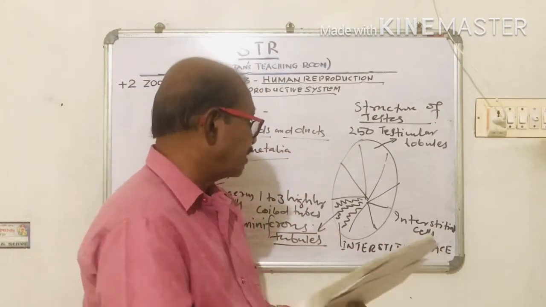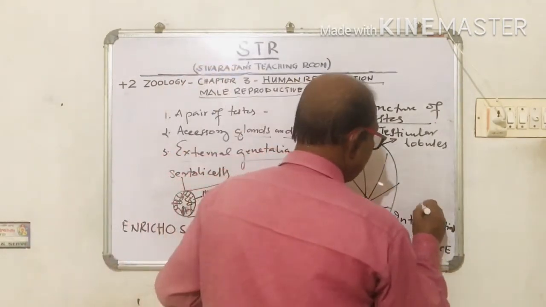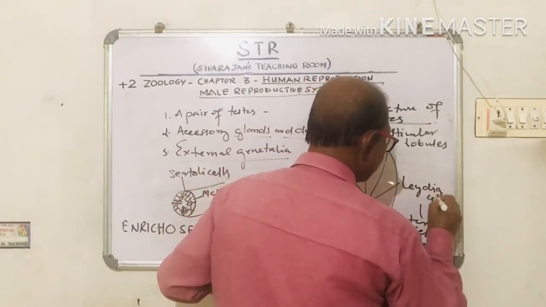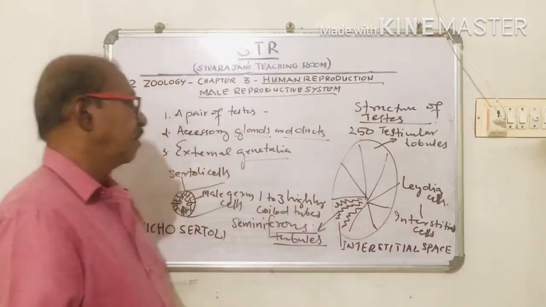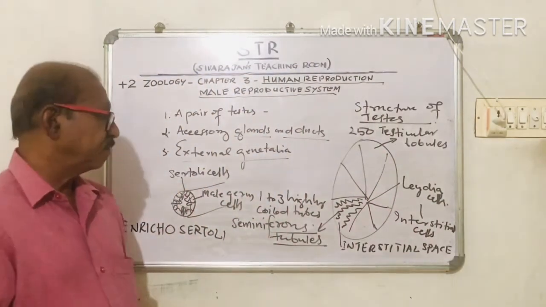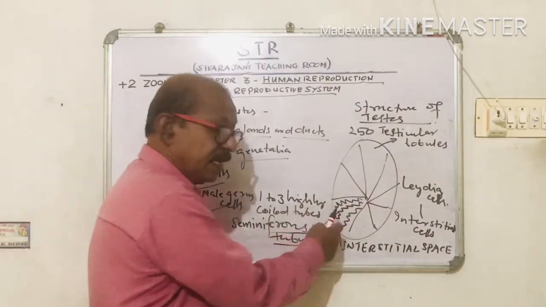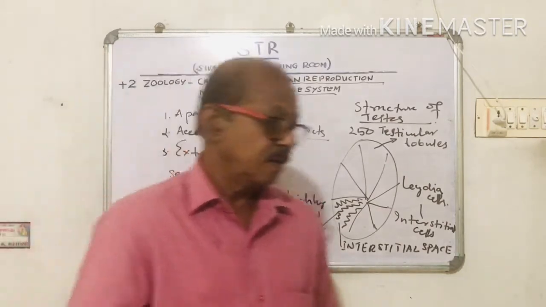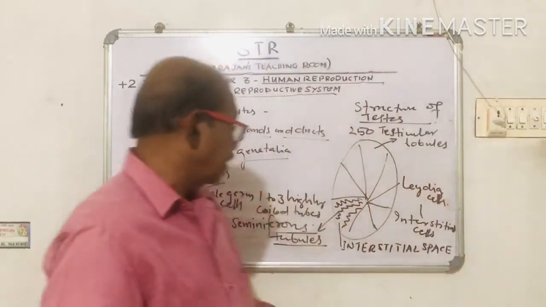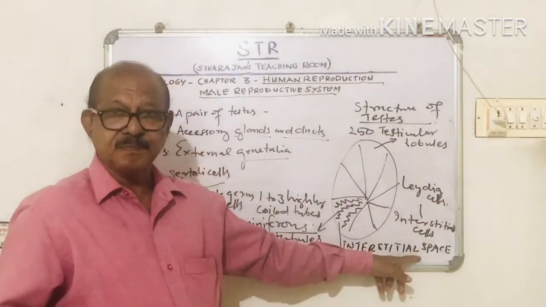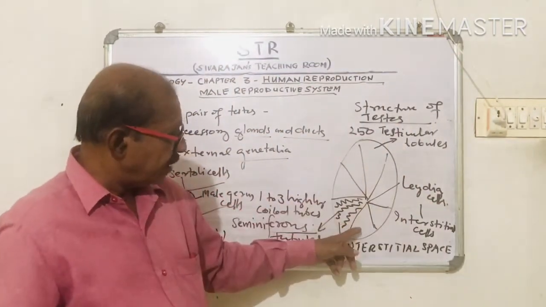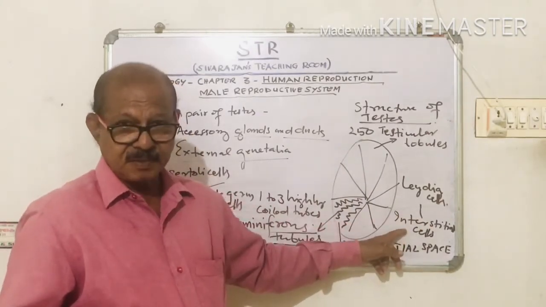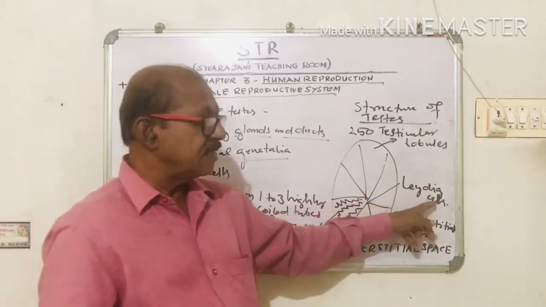These interstitial cells are also called Leydig, L-E-Y-D-I-G, Leydig cells. So what are Leydig cells? The space between the seminiferous tubules is called interstitial space. The cells seen in the interstitial space are called interstitial cells. They are also called Leydig cells.